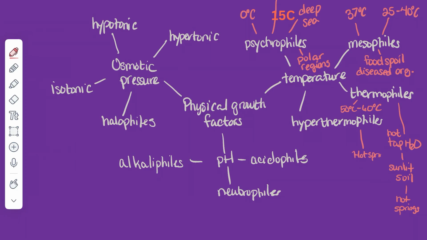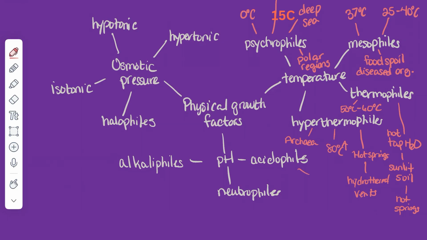You can find them in hot springs and hydrothermal vents. Their temperature range is about 80 degrees Celsius or higher, and some archaea are hyperthermophiles.